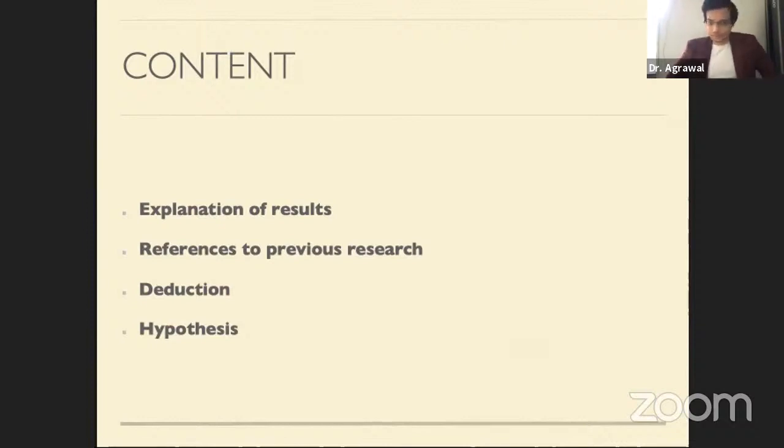And after you have explained your results, you need to reference the previous research, compare your results with the findings from other studies, or use studies to support a claim. If you're trying to say that an apple a day causes colon cancer, then if there are other studies that have proven this, no matter how small, try to find them and cite them, but before citing them, make sure that they have appropriate methodology.